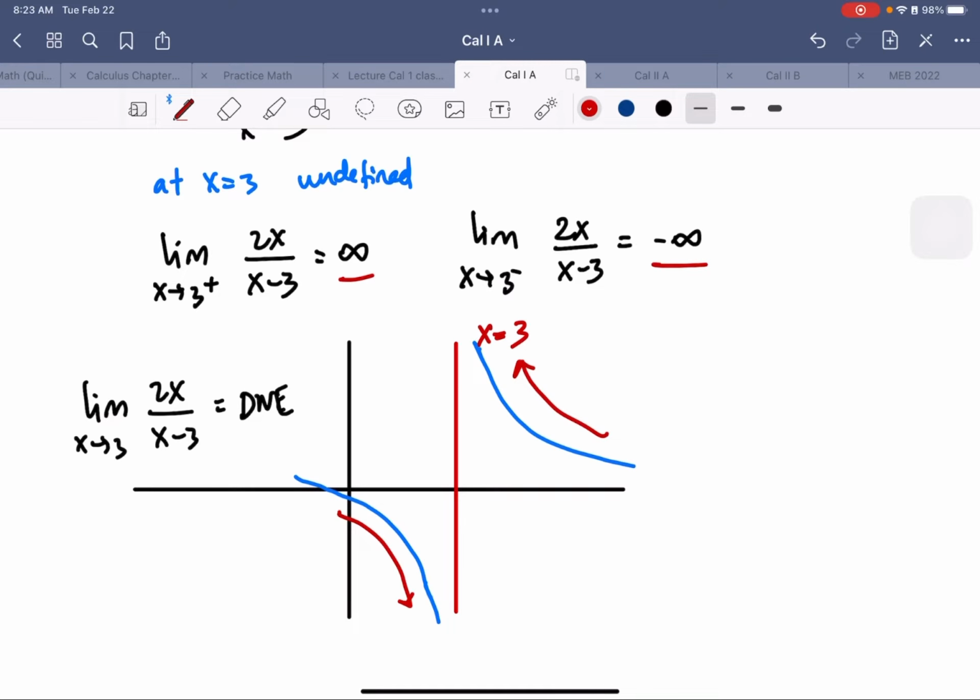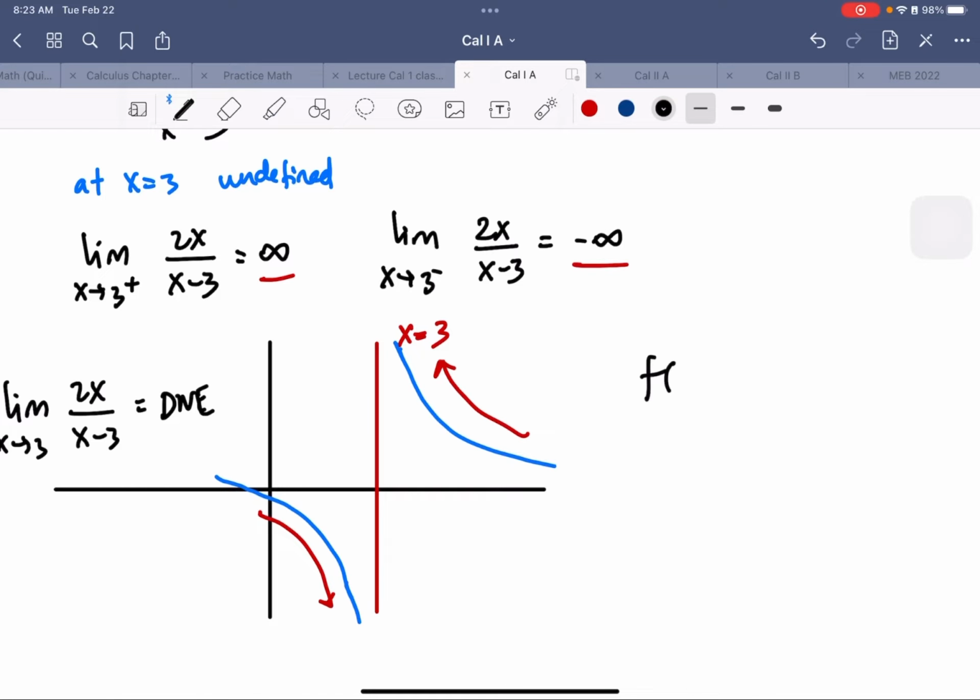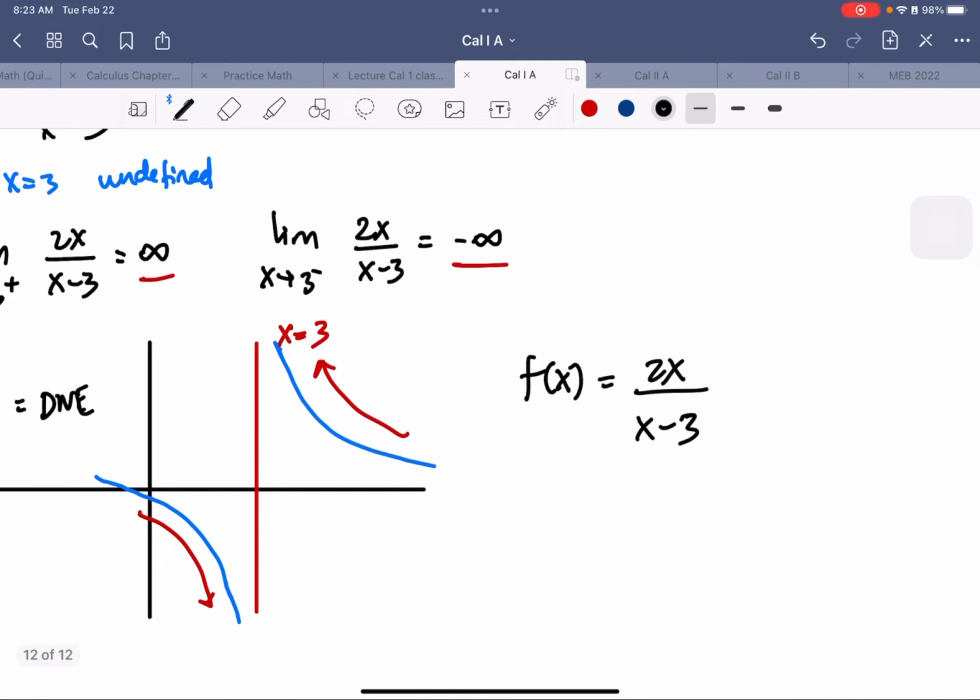Now, some suggestions for you. If you are given some function like this, let me just write here, 2x over x minus 3. If you want to make sure which side is going up and which is going down, you can try replacing x with some numbers.